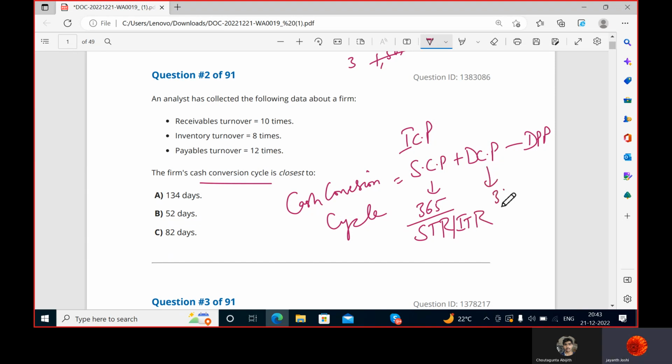Debt collection period is 365 by debtors turnover ratio or receivable turnover ratio. Debt payment period is 365 by creditor turnover ratio or payable turnover ratio. I have put everything here. Just do the substitution and tell me the answer.